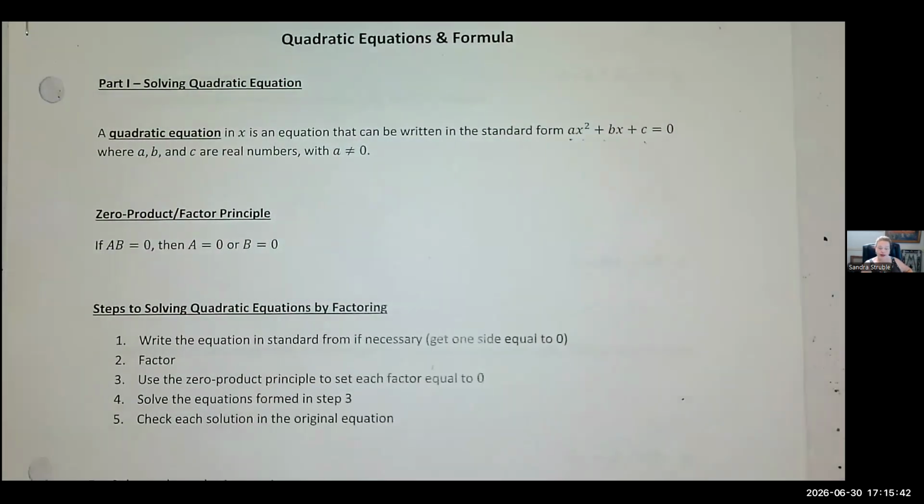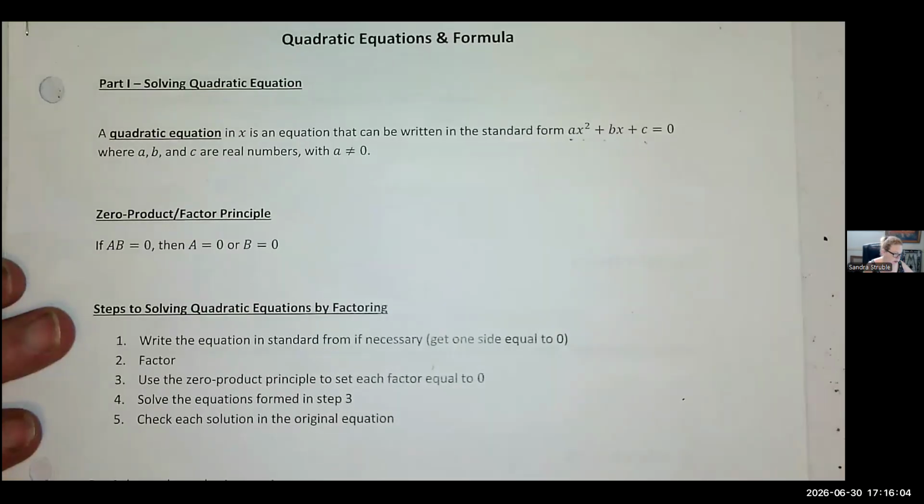So you need to understand in all cases, when you're dealing with a quadratic, that your highest exponent is a 2, or your degree is 2. The A is the number in front of the X squared, B is the number in front of the X, and C is the number without an X. Now you have to also understand that A cannot be 0, because then you wouldn't have X squared, and you wouldn't have a quadratic.